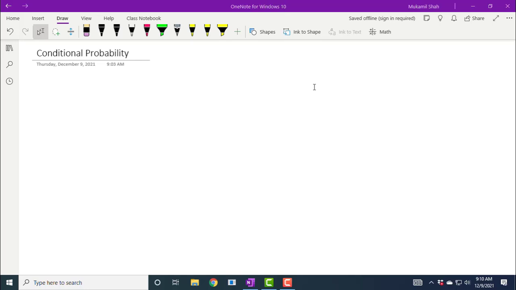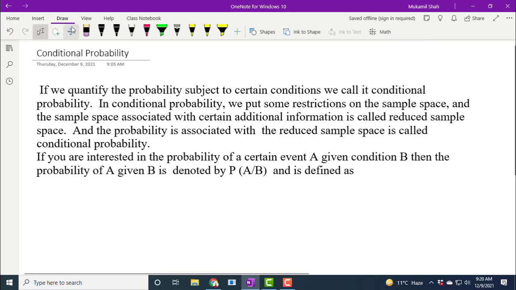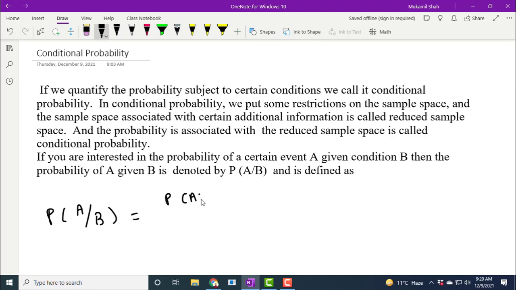We can also mathematically explain the notion of conditional probability. If we are interested in the probability of a certain event A given condition B, then the probability of A given B is denoted by P(A|B) and is defined as P(A|B) equal to probability of A intersection B divided by probability of the condition.